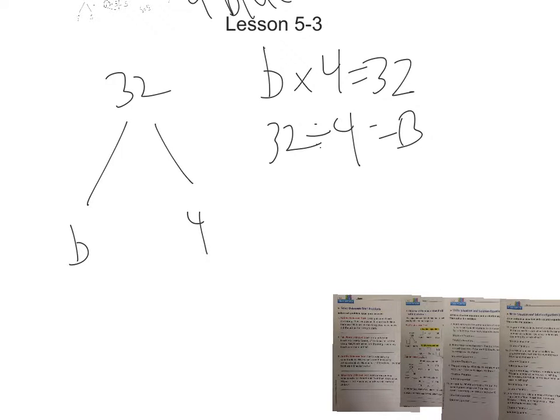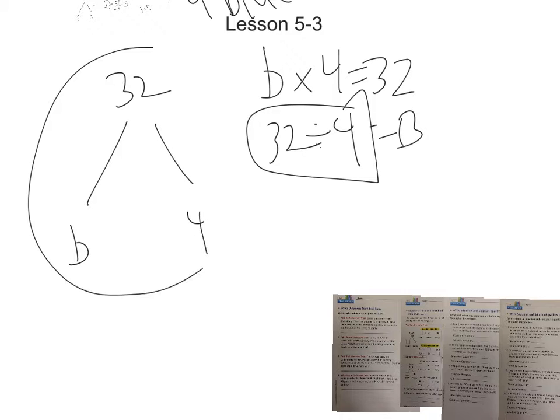So looking at this, you are able to tell that, okay, hey, I can do 32 divided by 4. So knowing that this is your Math Mountain, B times 4 equals 32. If you know your math facts well enough, you should be able to know, well, heck, I know 8 times 4 equals 32. So B equals 8.